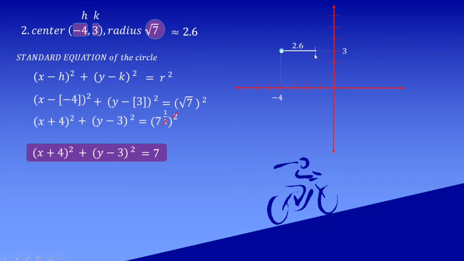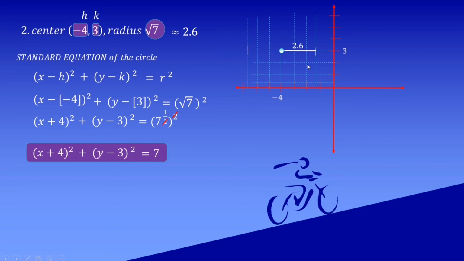So, magbilang lang tayo. On the left side, galing sa gitna or the center, bilang tayo ng 2.6. Diyan, 1, 2, then approximately 0.6. Then below the center, count tayo ng 2.6.